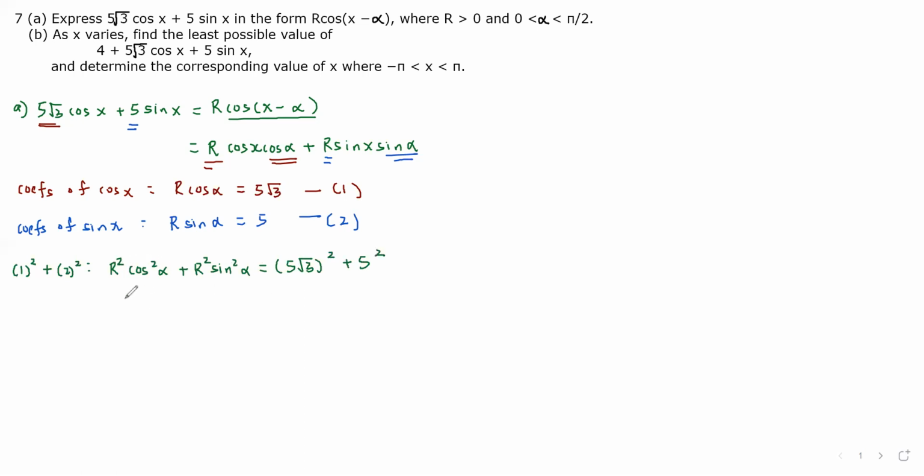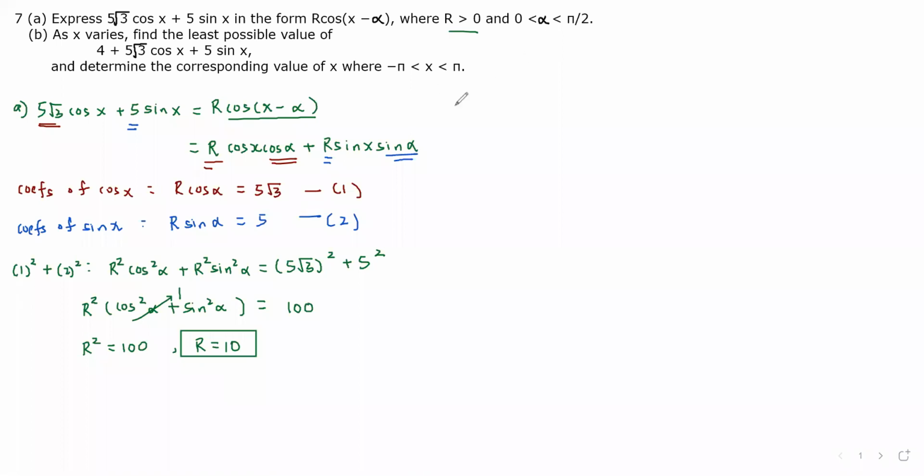On the left side, if we factor out r squared, we have cos squared alpha plus sin squared alpha, and we know that this is 1 from the fundamental identities of trigonometry. The right side gives us 100. So r squared is 100, and taking the square root, r is 10. Since r is positive, we ignore the negative part.